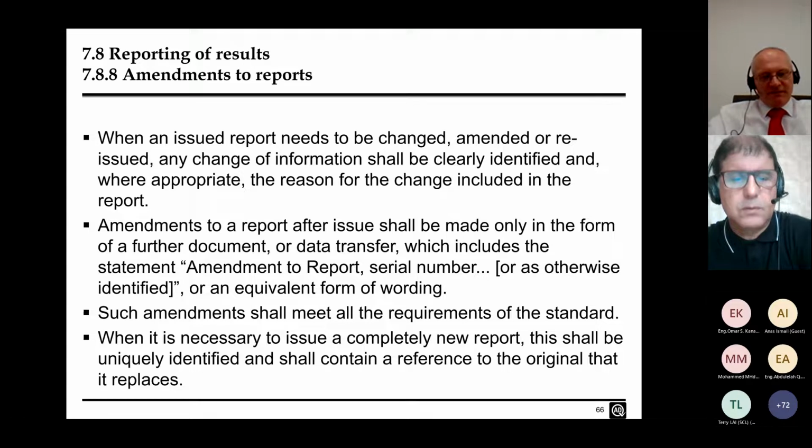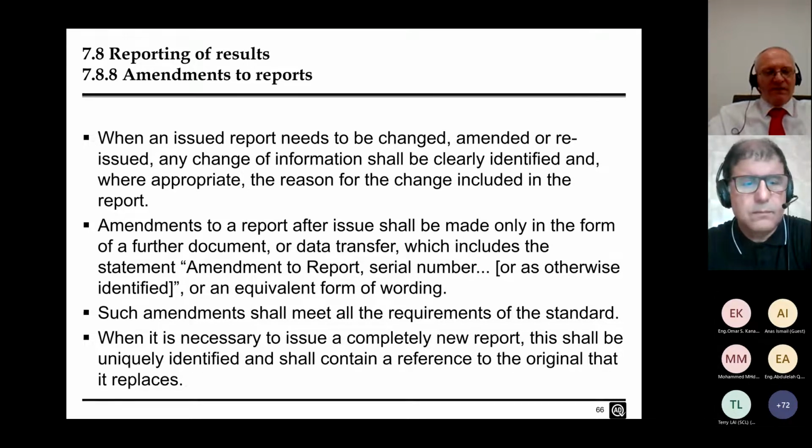When it's necessary to issue a completely new report, that report shall be uniquely identified and shall contain a reference to the original that it replaces. So it should say report such and such, replacement for such and such report. That's generally what we're looking for.